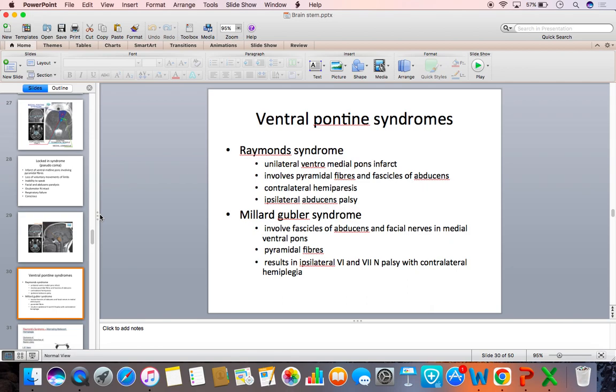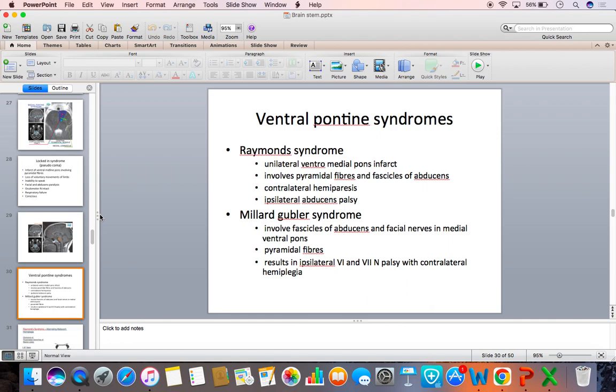Like that, these are the ventral pontine syndromes, like the Raymond syndrome or Millard-Gubler syndrome. What happens in Raymond syndrome? This is because of a unilateral ventromedial pons infarct. What are the structures involved? It involves the pyramidal fibers and the fibers of the abducens nerve, not the nucleus.